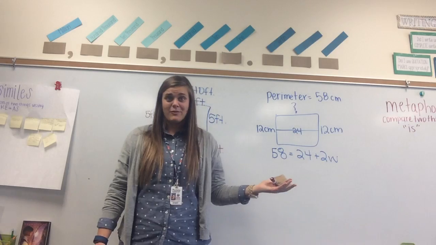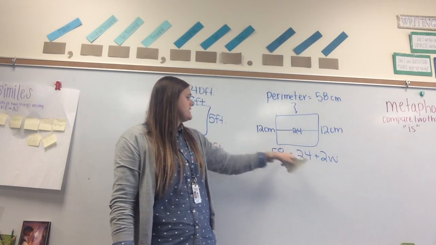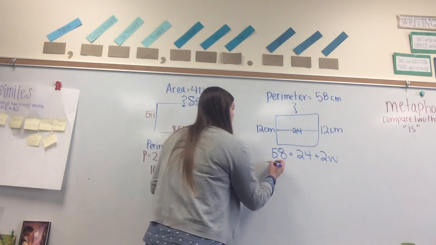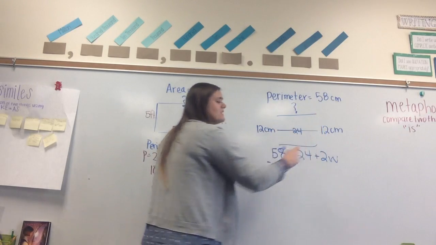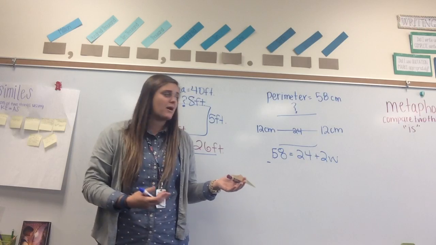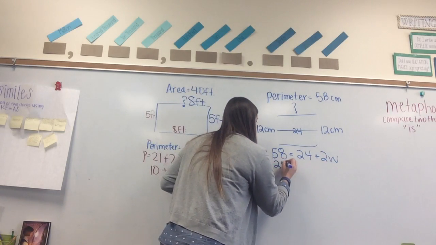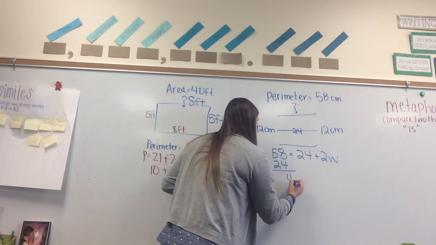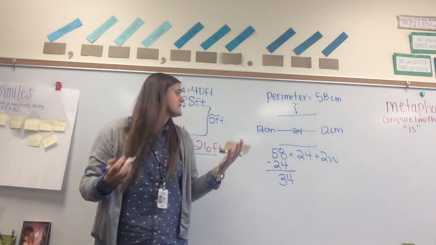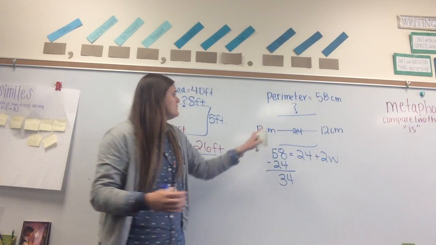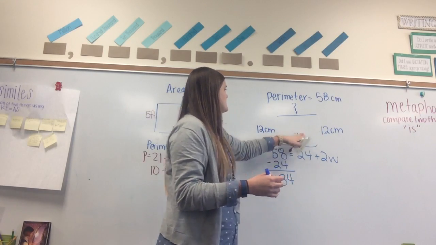So we're going to take away what we know. We're going to take away 24. So I'm taking away this side and this side because they're already accounted for within my problem. So 58 minus 24 is 34. Now I have 34 centimeters to share between these two lengths.